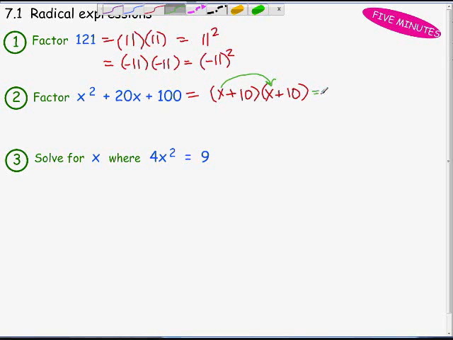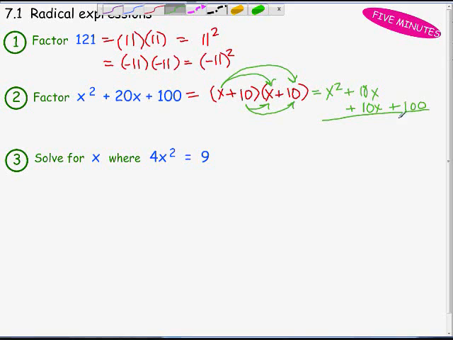First, multiplied together gives us x squared. Outside, plus 10x. Inside is another plus 10x. And last, which is 100.